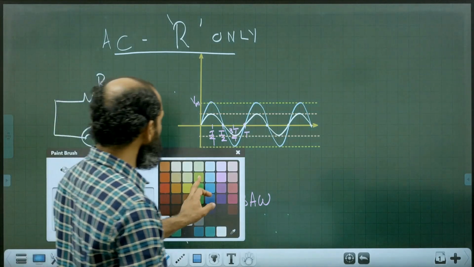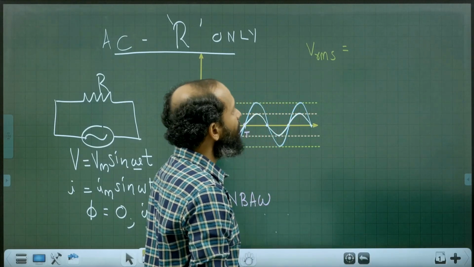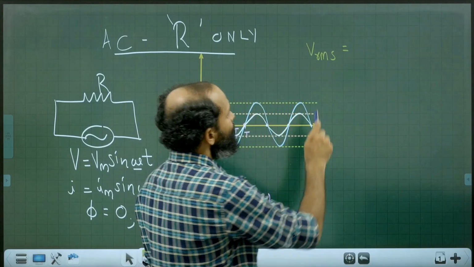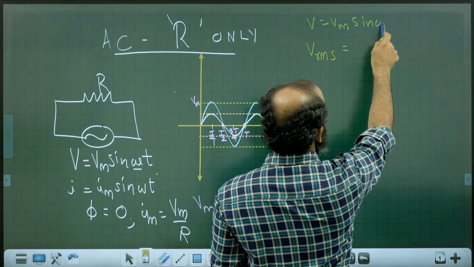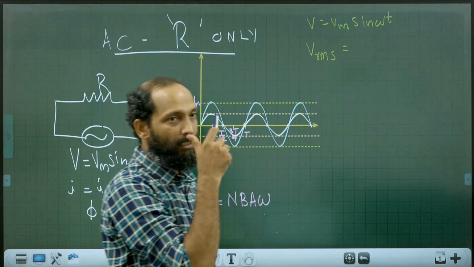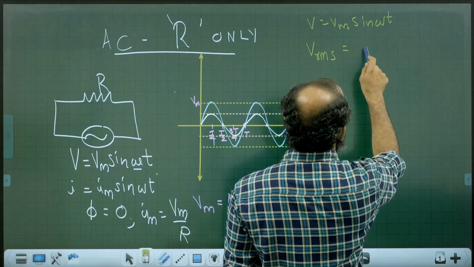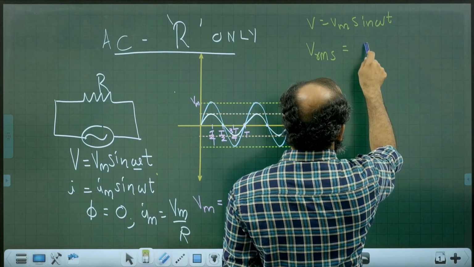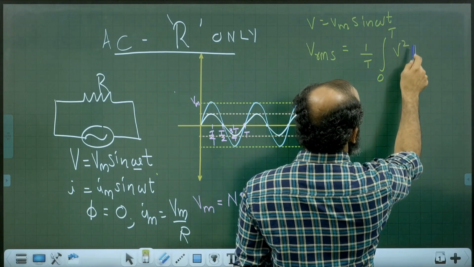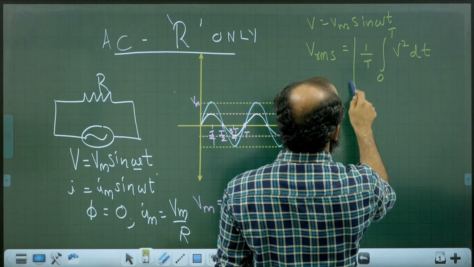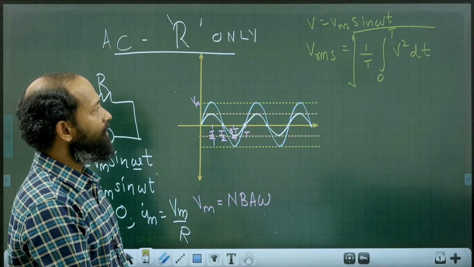Okay, now root mean square value of AC, Vrms, is also the DC equivalent. RMS value of that function, V equal to Vm sin omega t, is the function. We have to find the root mean square value over the entire period, for which you can make use of this formula: square root of 1 by T integral 0 to T V squared dt.